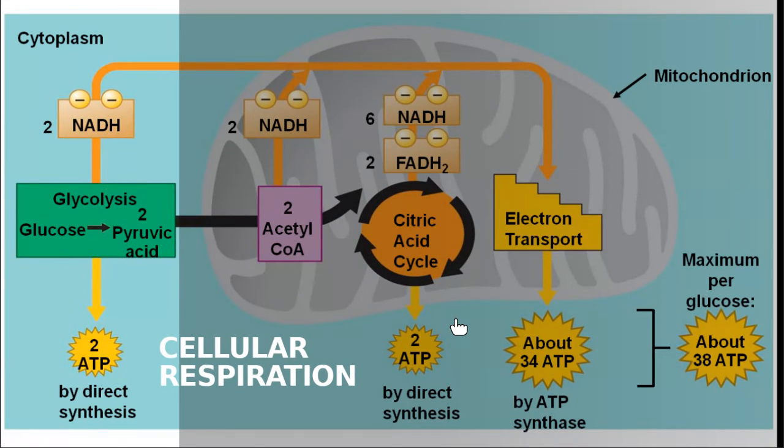Yes, we're getting 2 FADH2 and 6 NADH. So 8 of our coupons for our electron carriers total. And we know that those are really important, right? We're getting ready to see why. Okay, and does this step require oxygen? Yes, it does. Good.